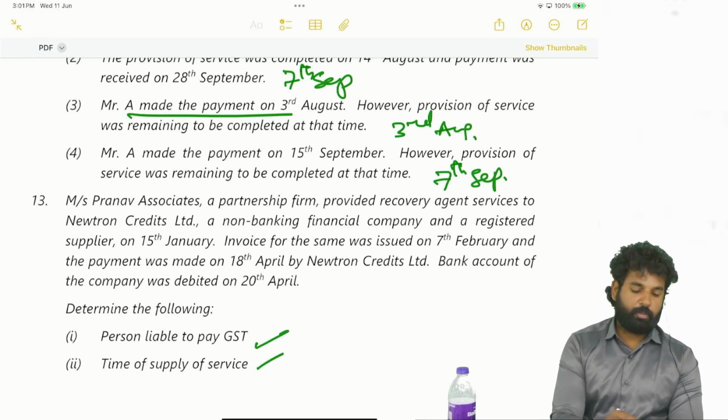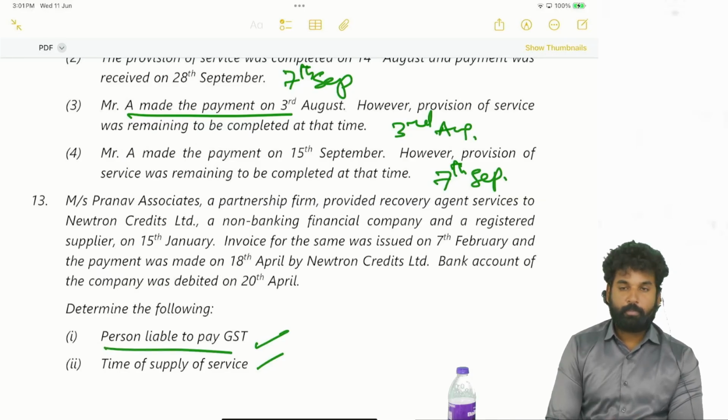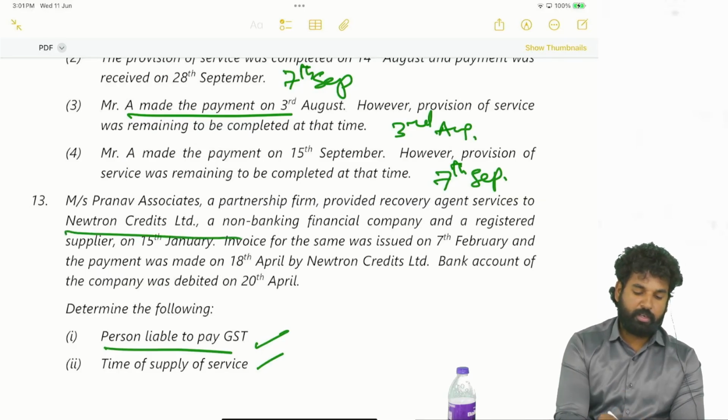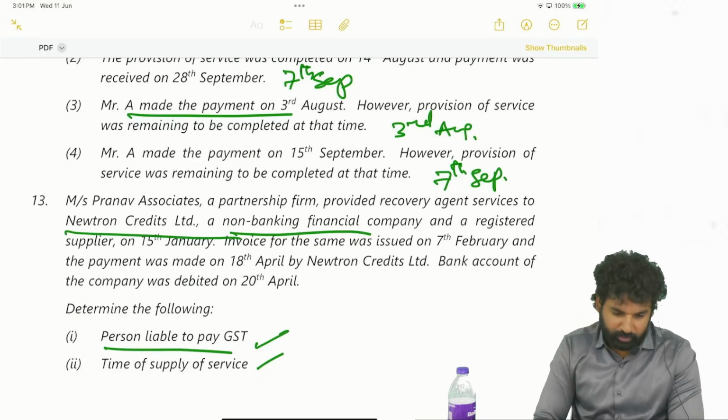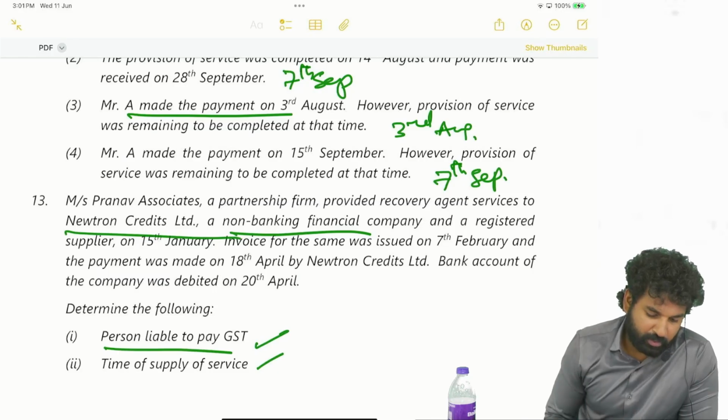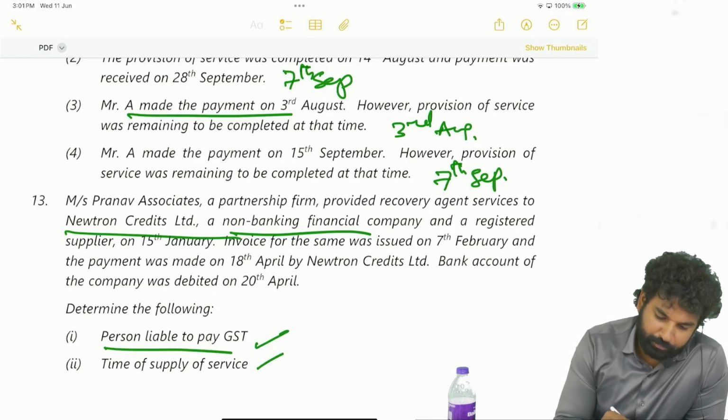Who is the person liable to pay GST? Who has to pay GST? Neutron Credits Limited, NBFC has to pay GST. Correct? Reverse charge mechanism will come. We'll see. Next, registered supplier on 15th January.